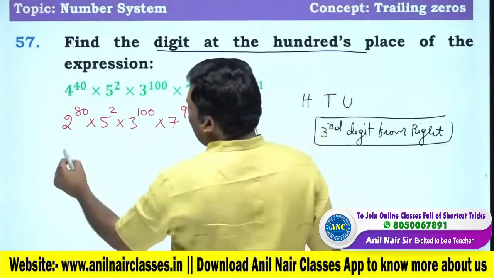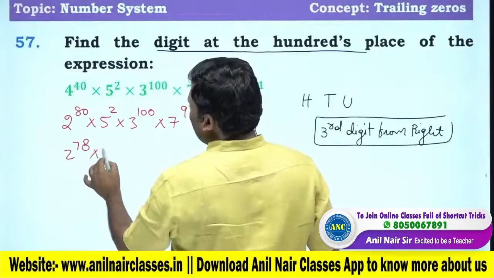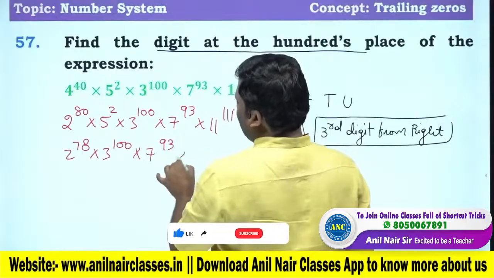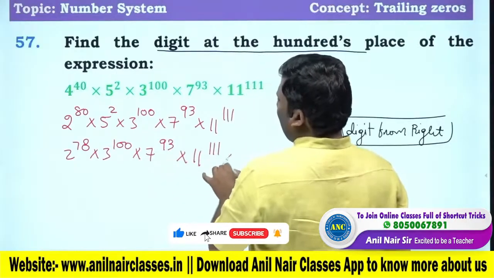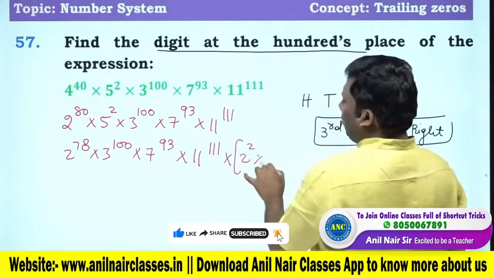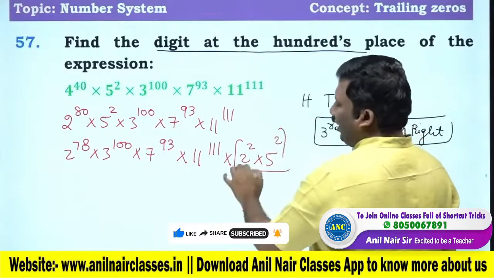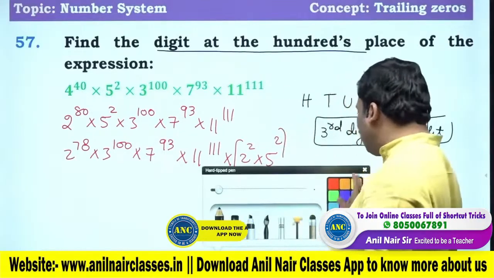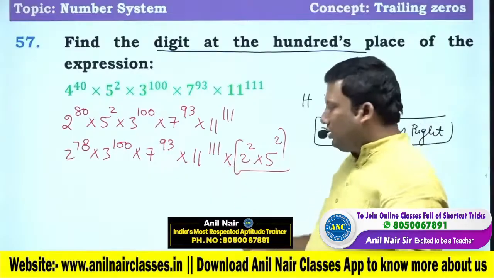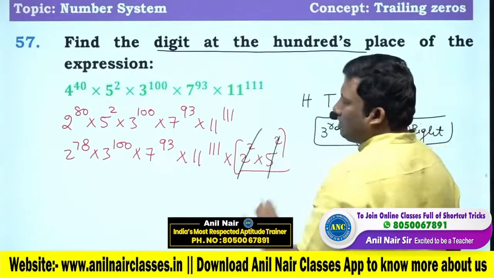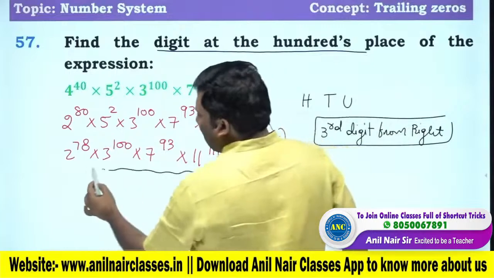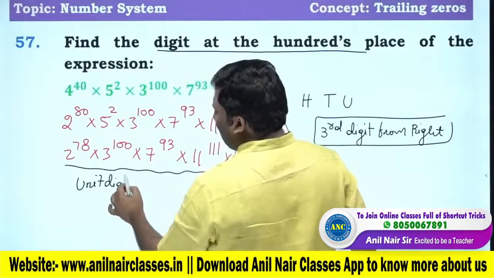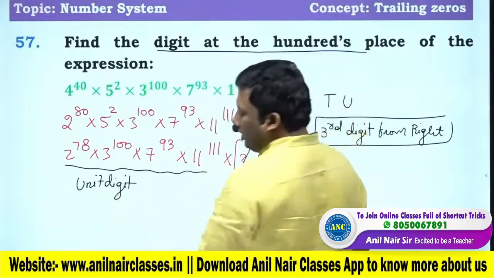These can be written as 2 power 78 into 3 power 100 into 7 power 93 into 11 power 111 into 2 square into 5 square. 2 into 5 is 10, 10 square, last 2 digits will be 0, 0. That means I need to find the unit digit of this number.